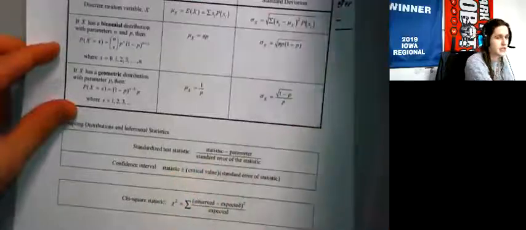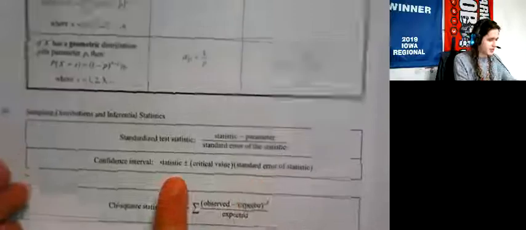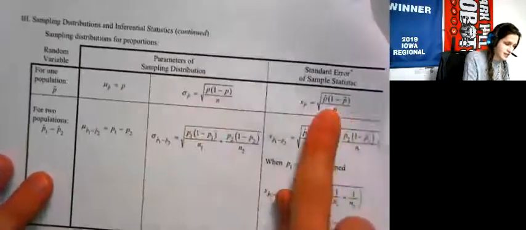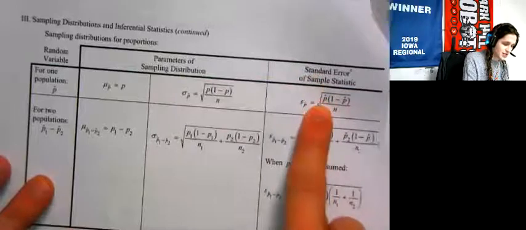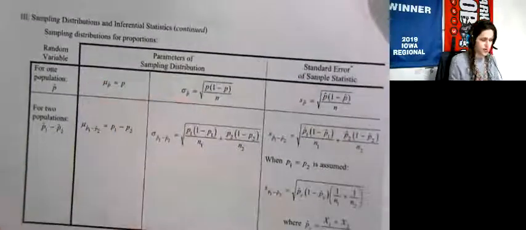Confidence interval down here: statistic plus or minus critical value times standard error of statistic. So hopefully you know the statistic is p hat, plus or minus z star times the standard error of the sample statistic, square root of p hat times 1 minus p hat over n. So recognize that these things are here.